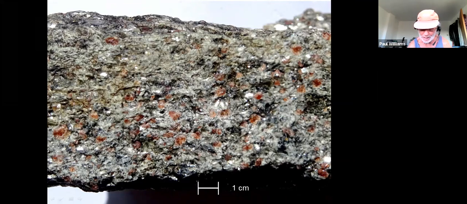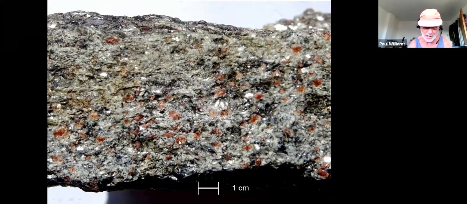But these pink, almost rounded grains, almost octahedral, this is garnet. This is a pinky red variety of garnet. And you would call this particular rock type, because there's so much garnet there, a garnet mica schist. Another bit of garnet up there. This is a garnet mica schist as well.